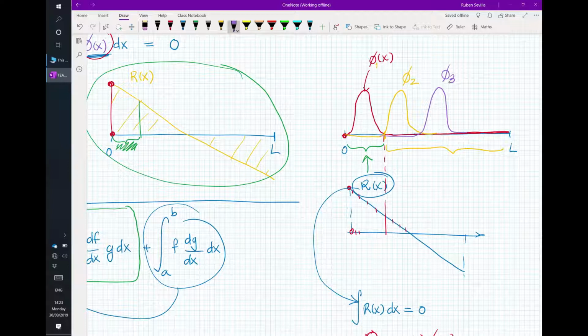Rather than asking for the average in a huge domain, I will ask for the average here in a small portion, and then on average in another portion, and then on average in another portion, and so on. And as a result, I will have a better approximation of my displacement field. Does it now make a bit more sense?